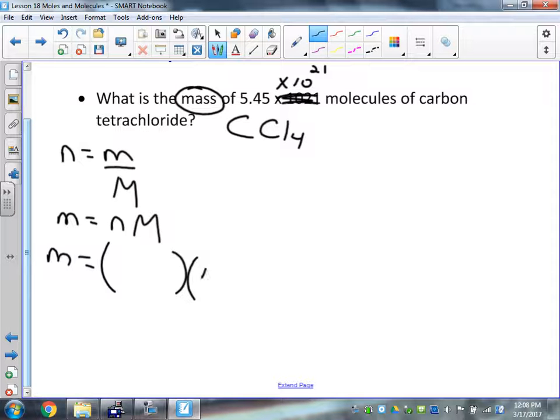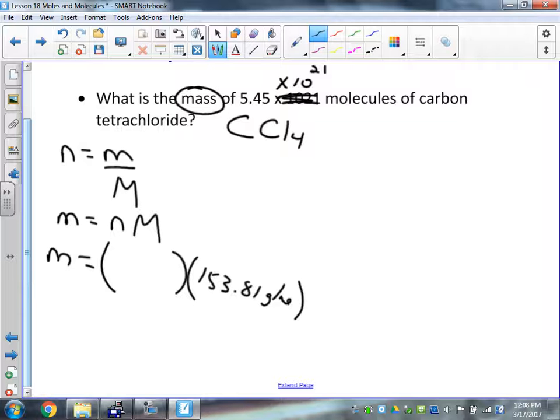So I can put that in there right now. Okay. Good? That comes from 1 carbon and 4 chlorines. Type it in, periodic table, 153.81. Okay? I still don't know n though.